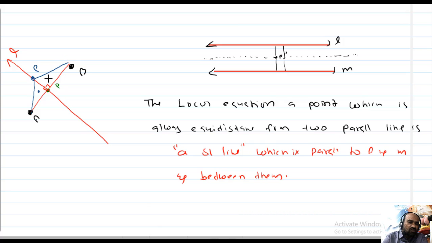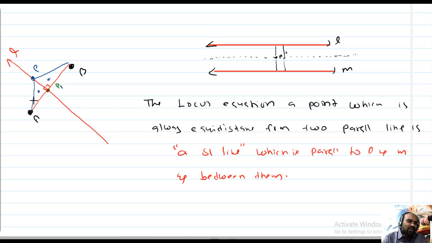So these two triangles are congruent triangles by SAS congruency or RHS. SAS congruency is better because already P1 is the midpoint. AP1 equal to P1B, and this 90 degrees is common. By SAS congruency, these two triangles are congruent.